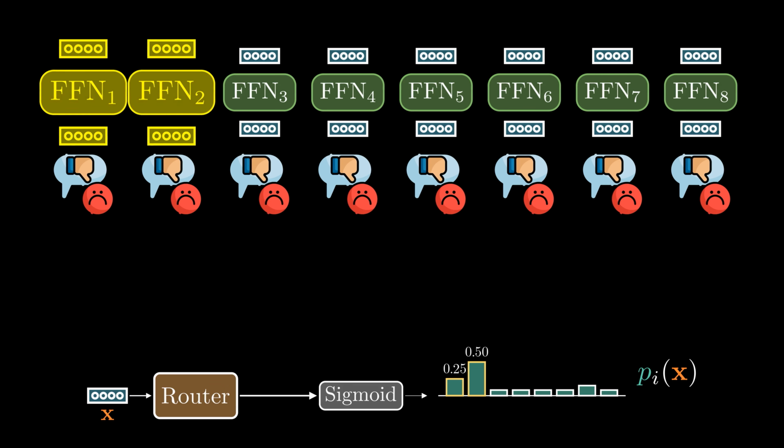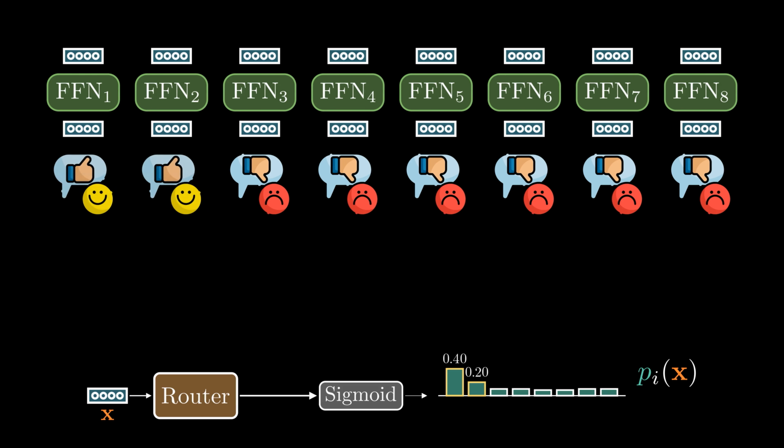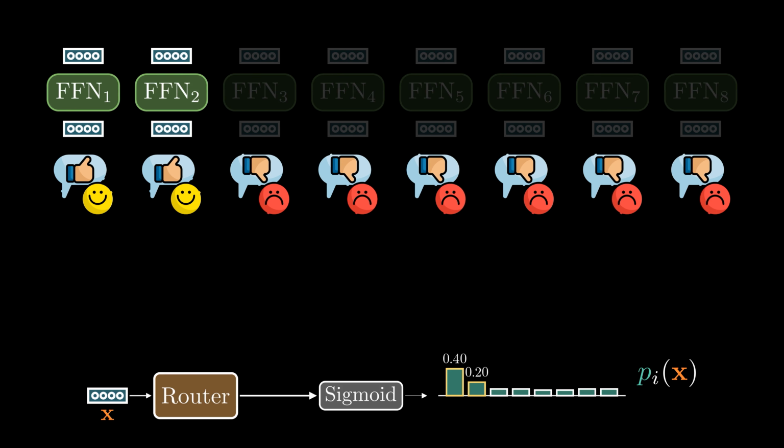As these two experts are updated more frequently than others, they start to perform better. This creates a self-reinforcing behavior where the router becomes increasingly inclined to route most tokens to the first two experts. Over the course of training, the remaining experts may rarely, if ever, be activated, causing them to become effectively dead.